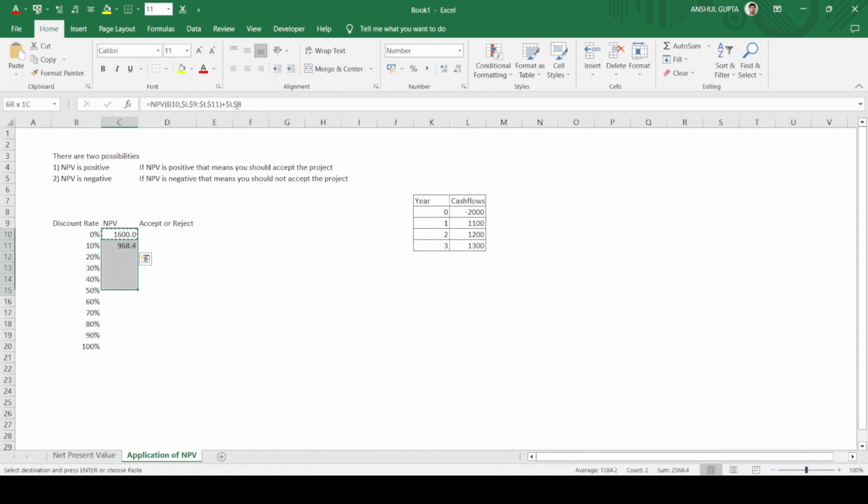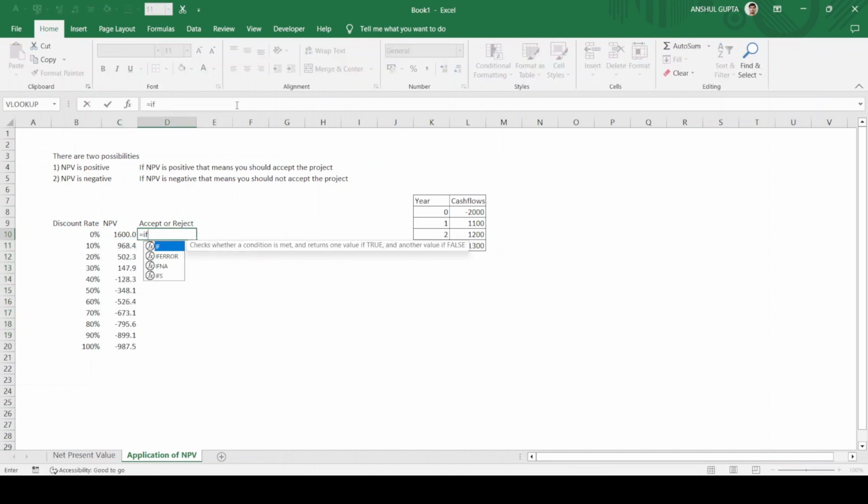Control plus C, shift down till 100%, Control plus C, and let's now put the IF formula, that is equals to IF. What is our NPV? And if our NPV is greater than 0, that is positive, press comma, the value will come out to be accept, and if it is less than 0, then the result will come reject.